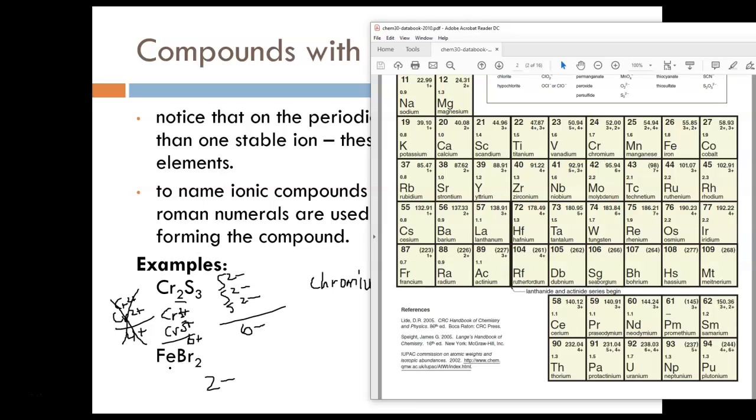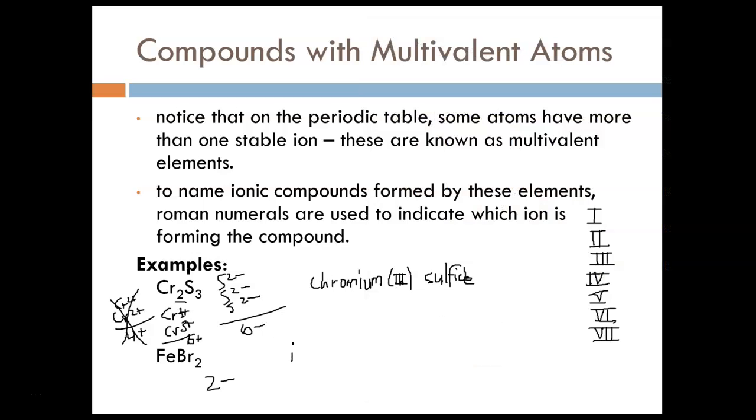We only have one of them to work with. So the one that we would have to choose is the 2+ version. And so we would have to communicate that on here by calling this iron, I-R-O-N, and then parentheses with the Roman numeral 2 for 2+, and then bromide for our name.